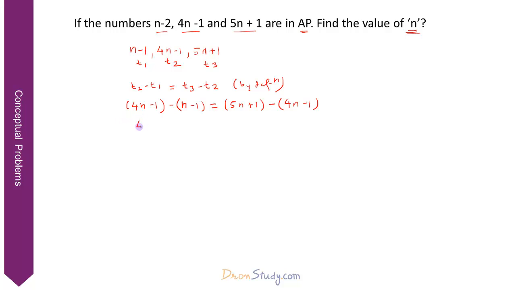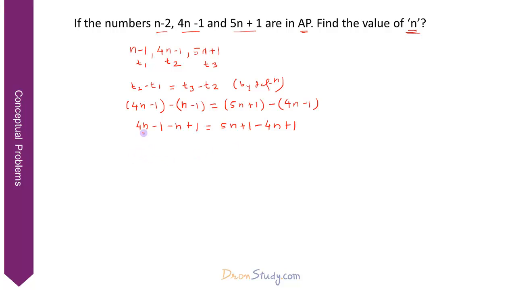So it will be 4n minus 1. When you open this bracket, the signs will get changed because of the minus sign outside the bracket. So it will be minus n, minus and minus will be plus 1, which is equal to 5n plus 1 minus 4n, and minus will be plus 1.